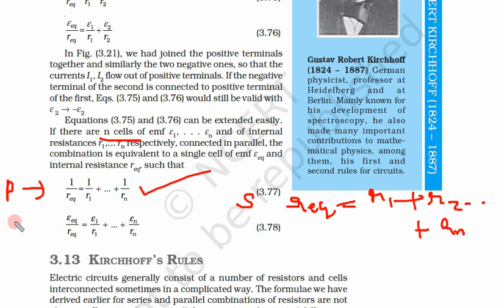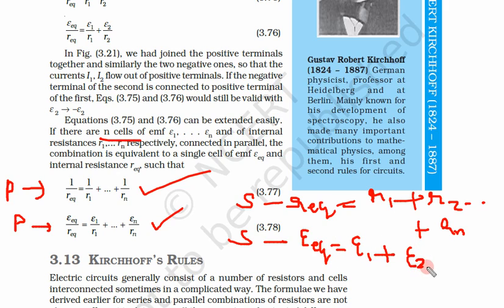But the EMF is quite different. For parallel, EMF is not directly related: epsilon equivalent upon R equivalent is equal to epsilon 1 upon R1 plus epsilon 2 upon R2 and so on, epsilon n upon Rn. While in series, it was a simple case: epsilon 1 plus epsilon 2 and so on up to epsilon n.